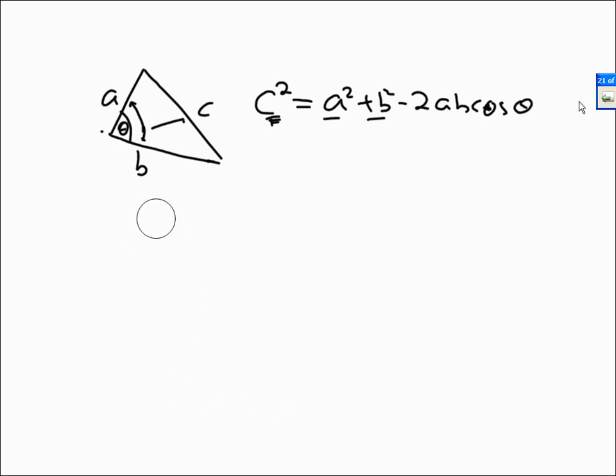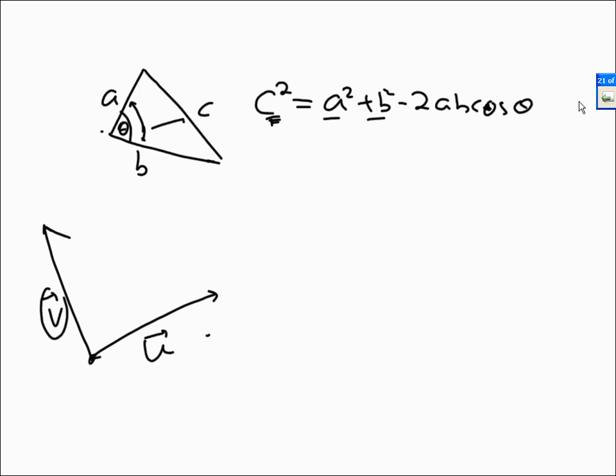And then we'll apply the law of cosines to this. This is vector u. This is vector v.